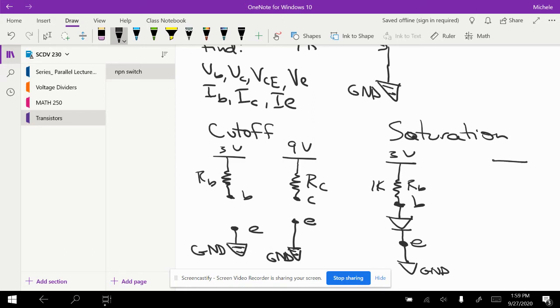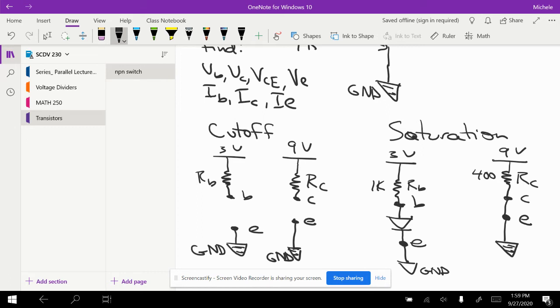Now on the collector side, the collector to emitter, so this is the base to emitter side, this is what turns on my transistor, and now on my collector side, I have 9 volts, this is my RC, 400 ohms, this is my C, this is my E, and that's my ground.